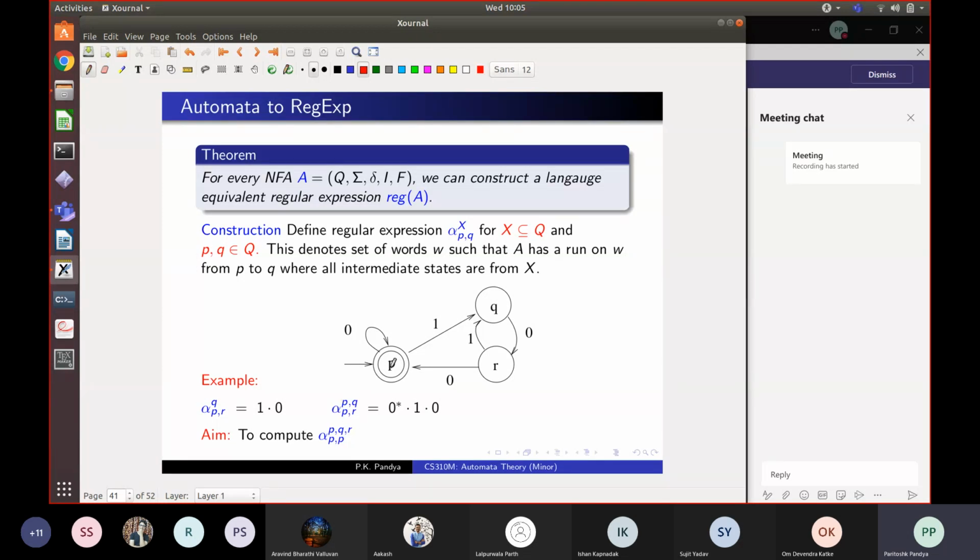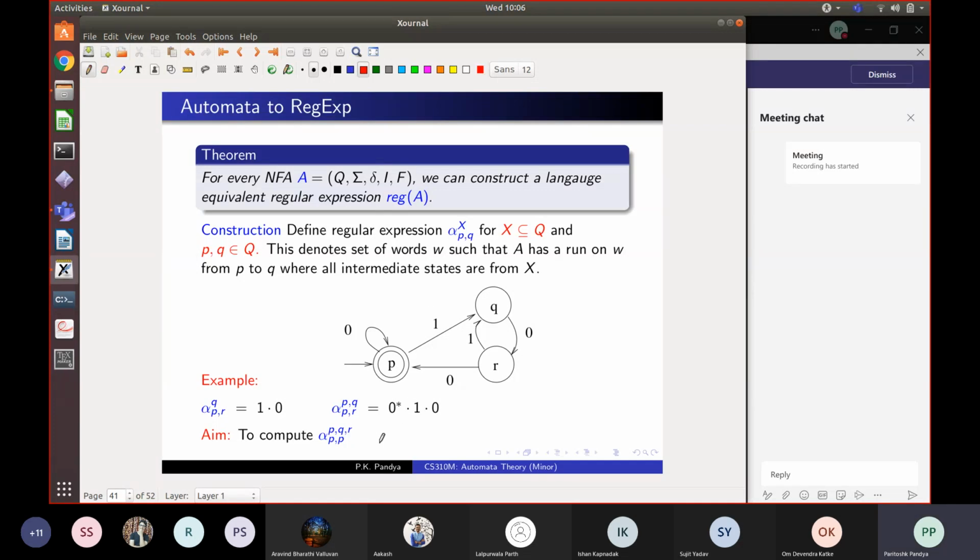You must start in the initial state P. You must end in the final state P, right? And you can pass through any of the states any number of times. So you take your X to be the set of all states P, Q, R. So this will include all runs which start in P and end in P, right? So if we can compute this regular expression, it will denote the language of this automaton.